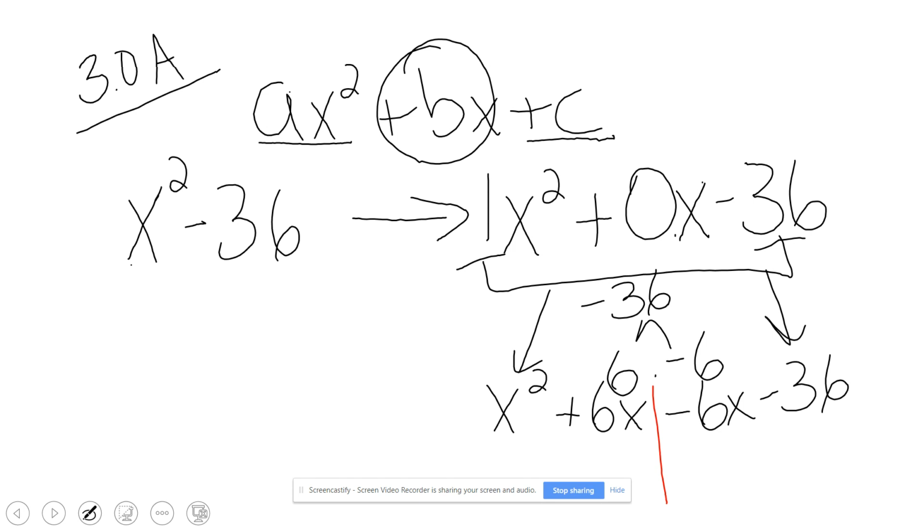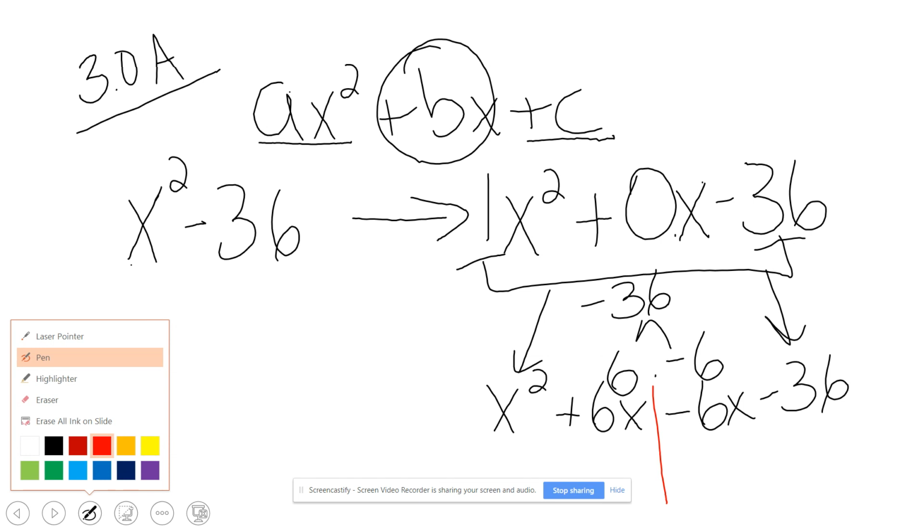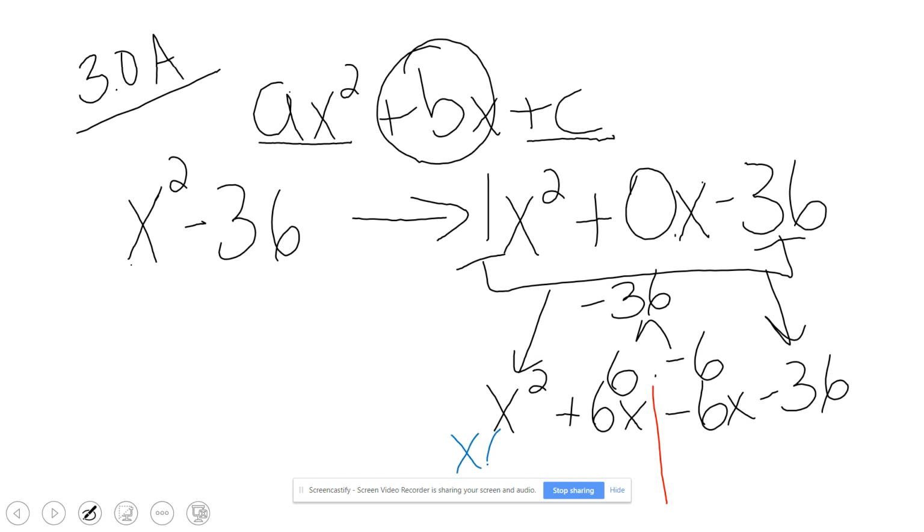Our common factor on the left side is x. X squared divided by x is x, plus 6x divided by x is 6. We start the next side with the subtraction, and the common factor between 6 and 36 is 6.